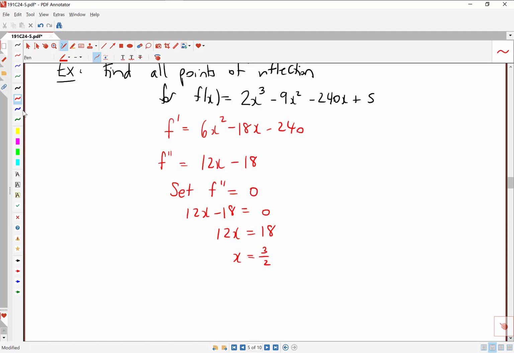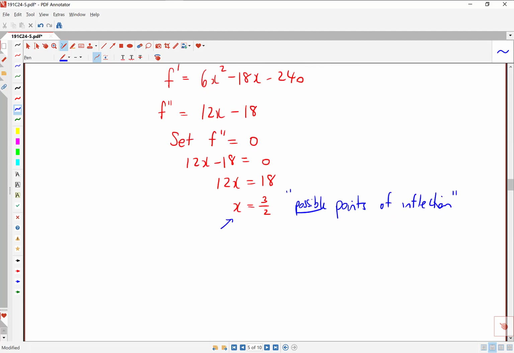So again, we're going to have the same kind of discussion as we had in the previous example. These numbers, in this case there's only one number on that list, but in general you might have a couple numbers on that list, are your possible points of inflection. They're not guaranteed to be points of inflection. We have to do a little bit more investigation to figure out whether they are or not. So let's think of it this way.